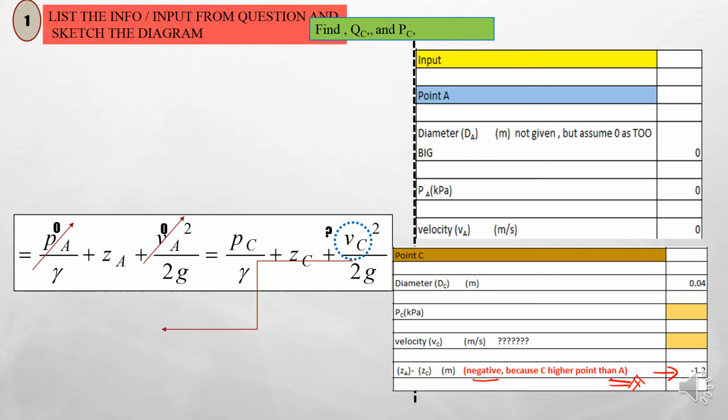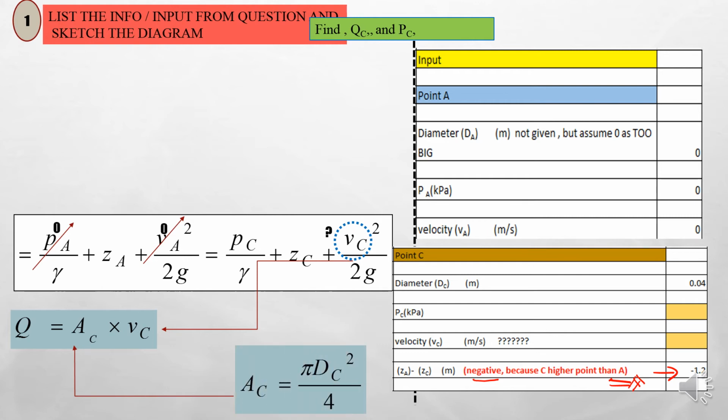Once you get the VC, you can substitute it into this equation in order to calculate the volume flow rate. And the AC you can determine from this equation, by substituting the value of DC, which is given in the diagram.